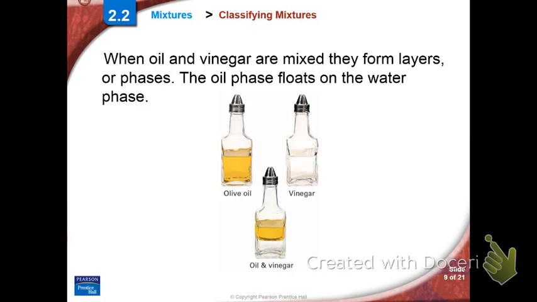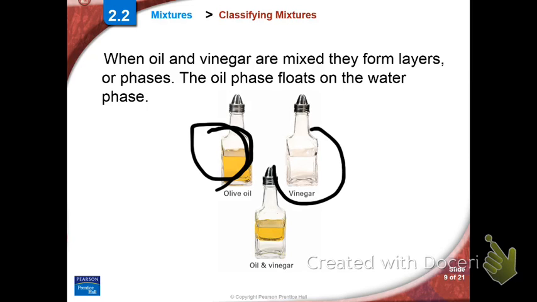Your olive oil all by itself, that's one phase, it's homogeneous. Your vinegar as well is one phase, homogeneous, but when we mix them together, the oil is going to float on top of the vinegar, and we have two phases in this heterogeneous mixture.